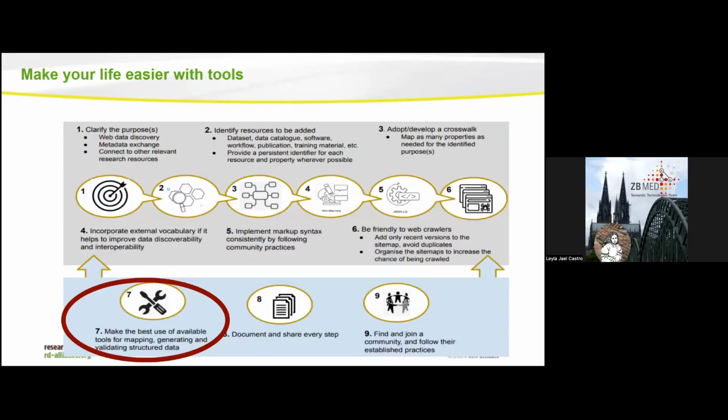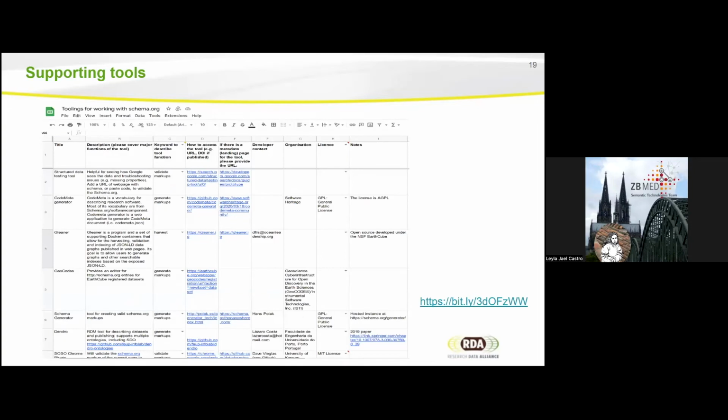Now let's look a little bit more at using available tools. So here we have a spreadsheet about some tools that are available around that will make your life easier. We have already mentioned some of these possible tooling, for instance, to validate your data.